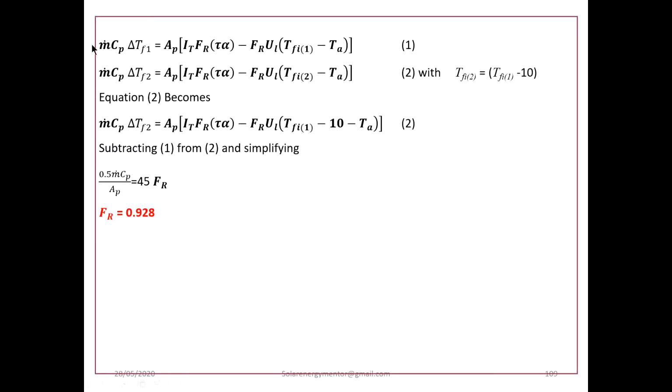In the first case, m dot Cp delta TF1 is given as 7.4, AP is given as 2, IT is known, FR tau alpha, everything is known except this FR. FR is not known. In the second case, m dot Cp delta TF2 is this TFI2 minus TA, where the collector fluid inlet temperature in the second case is TFI1 minus 10.